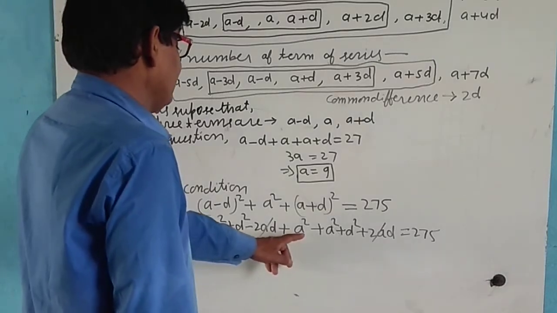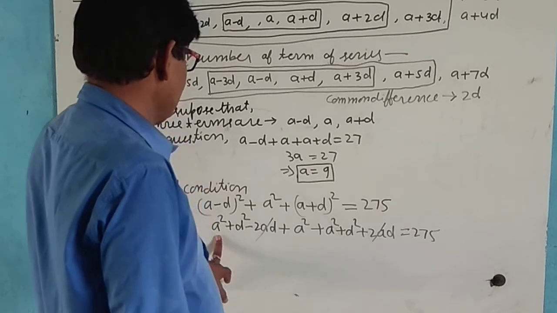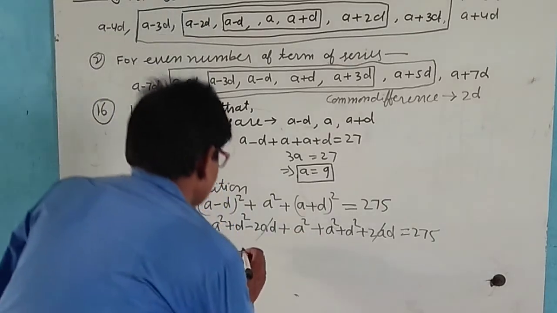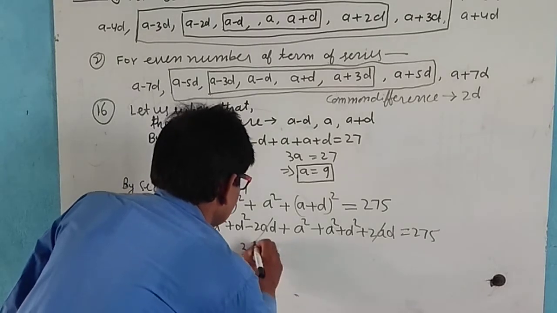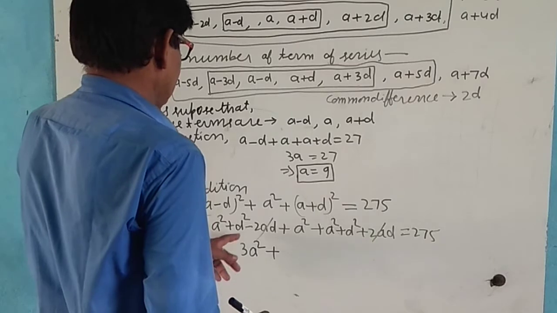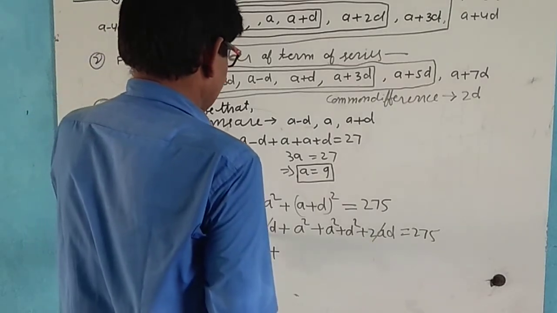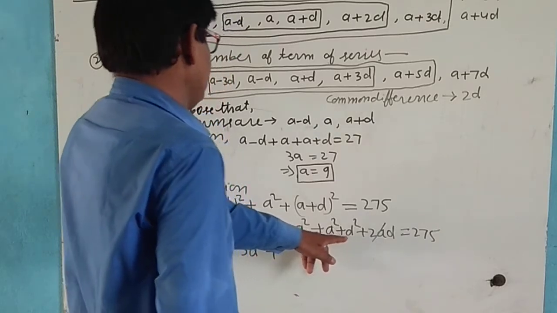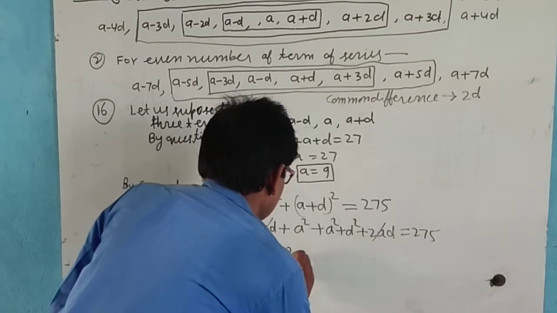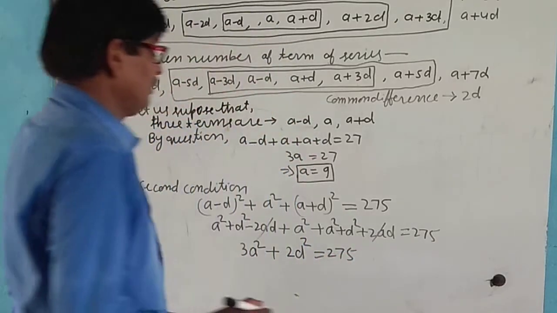A squared and A squared and A squared gives 3A squared, and D squared and D squared gives 2D squared, equals 275.